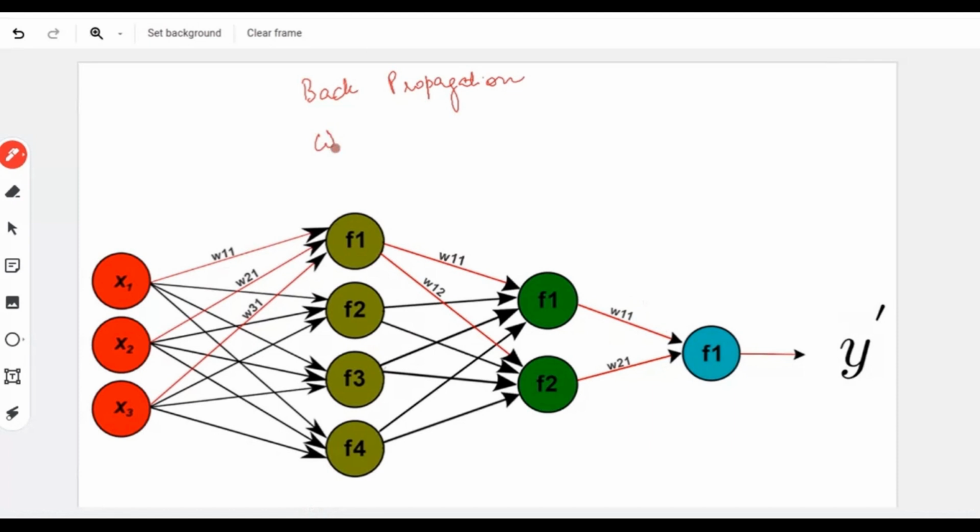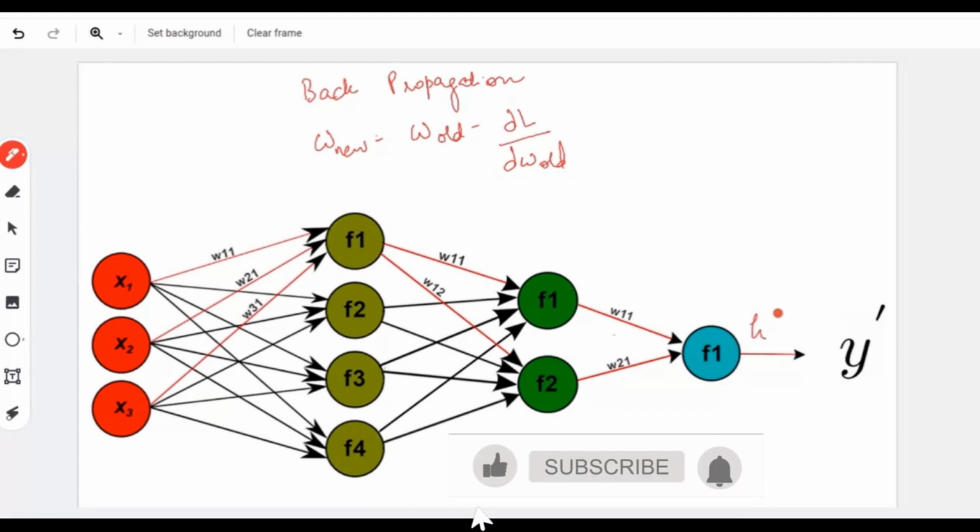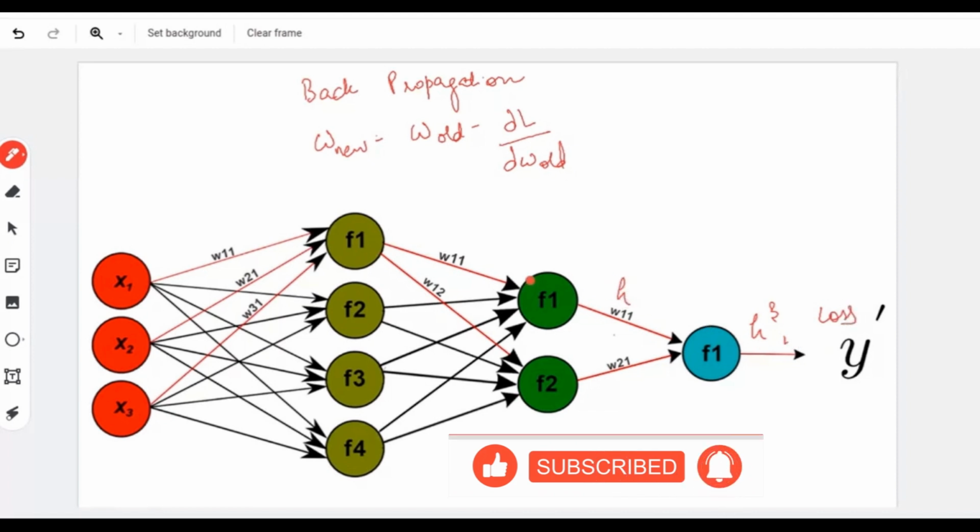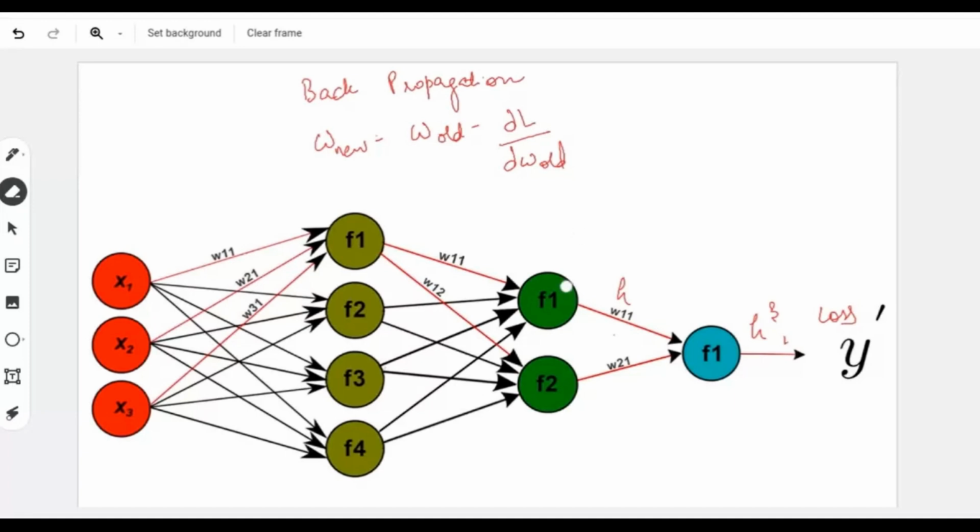Okay, first let us look again into the optimization formula. So let us start from here. You have this output here, and you have the loss from the output. Okay, we won't need this for now, so we can just leave it.